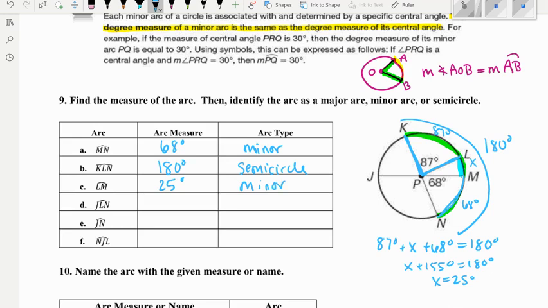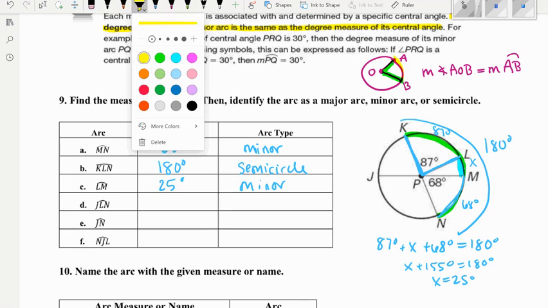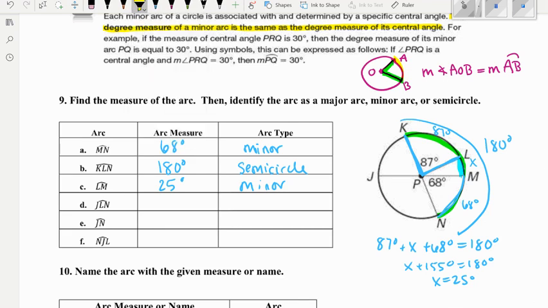And then the next one is arc JLN. So JLN would go this way. So let's go ahead and erase some of this. JLN. Okay, so we said that this one right here, I'm going to write 25 degrees. So we know that 87 plus 25 plus the 68 gives us 180 degrees.